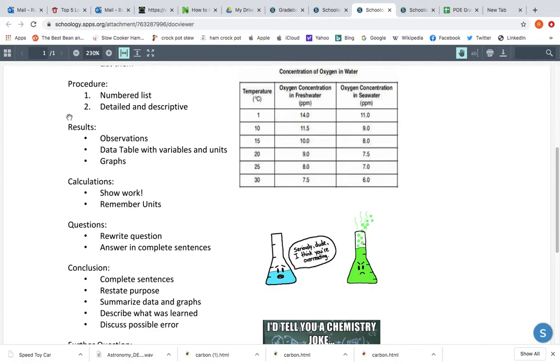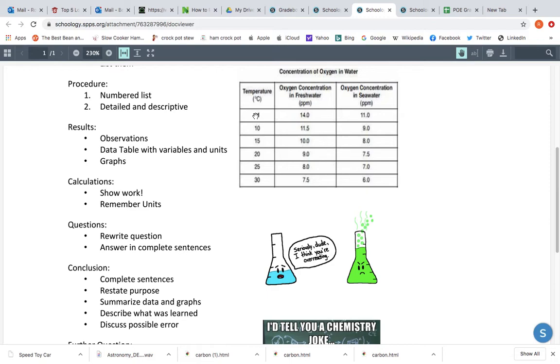Results from the lab. Observations that you make. Typically the results include a data table. As you can see here, on this data table, we've got our title, we've got headings, columns with the numbers that pertain to each one of the headings.